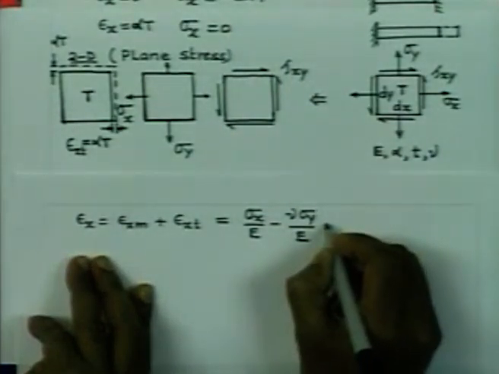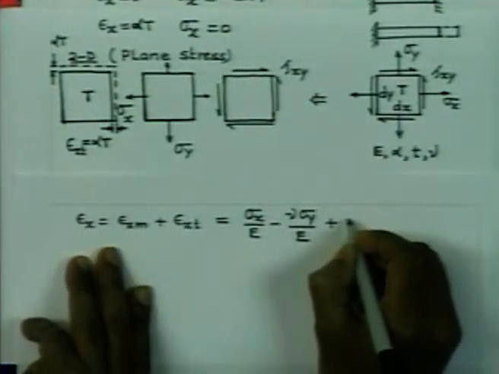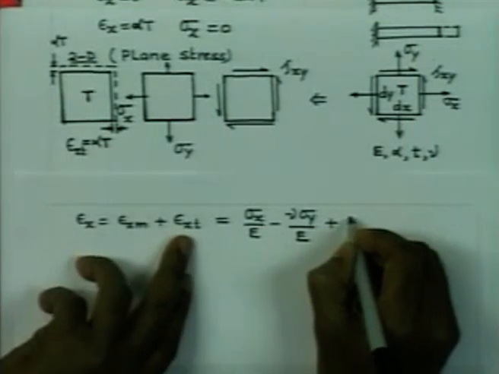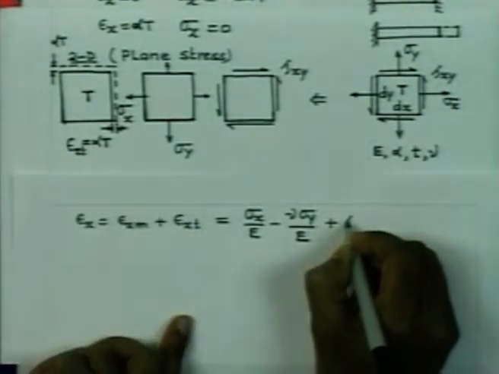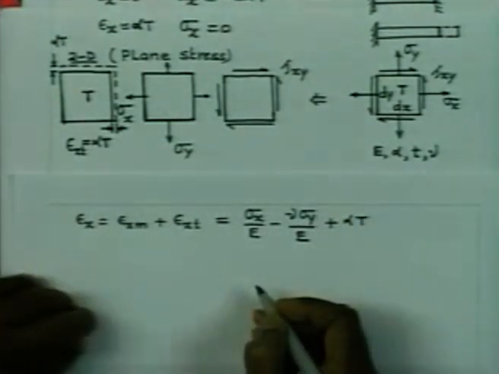So, we have no contribution, plus we are going to get this thermal strain which is of magnitude equal to alpha T.